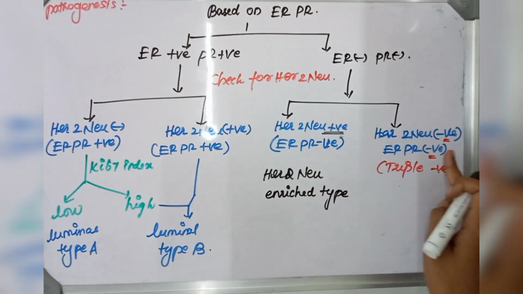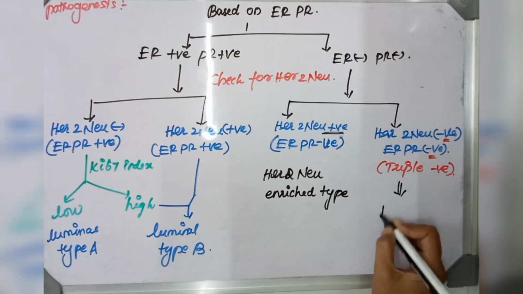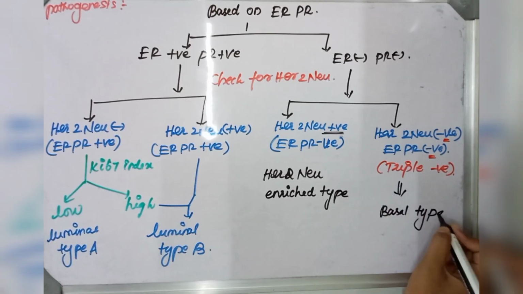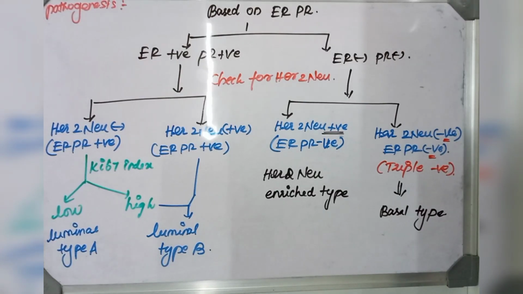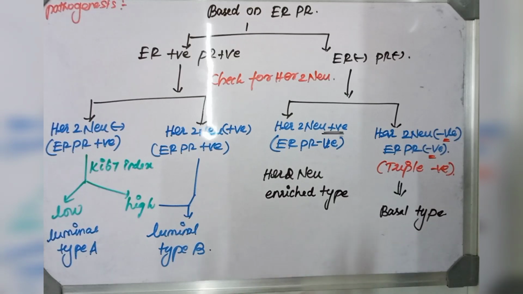But here, all of them are negative, so this is completely a basal type. So this is all about the classification. We are going to see the characteristics of these types.